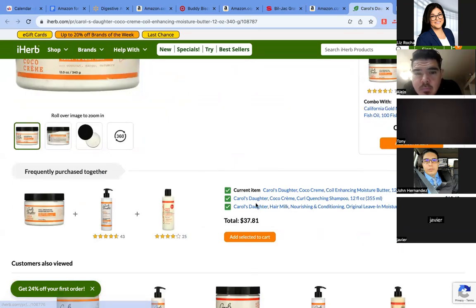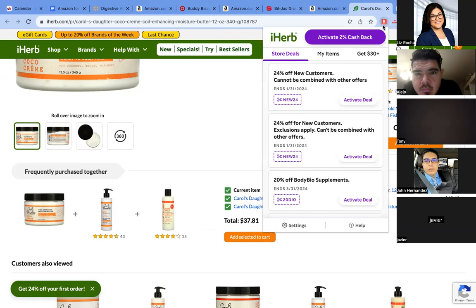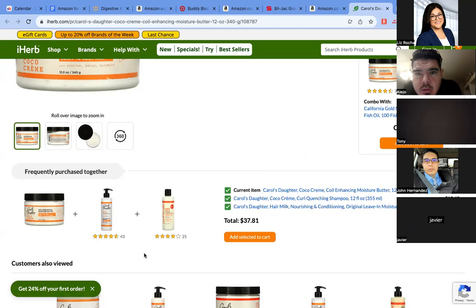Right there, it says get 24%, right, of your first order. So you can use this discount code from this website. And then I also use Rakuten. So I think it gives me like 2% from this website. So 24% plus 2% is 26%, right? Discount. And then if you have credit cards, let's say, what's a good credit card for this? Capital One Spark, right? Gives you 2% cash back. So you can add your discounts, right?